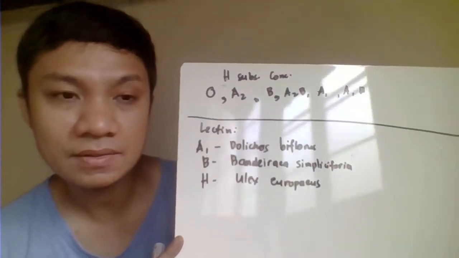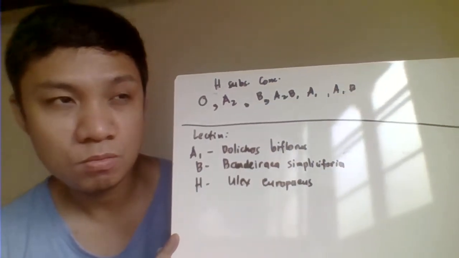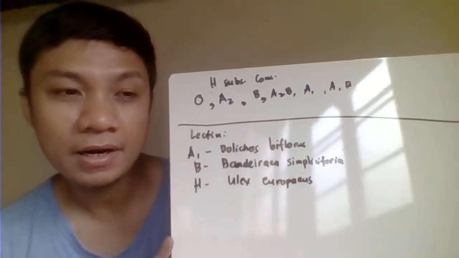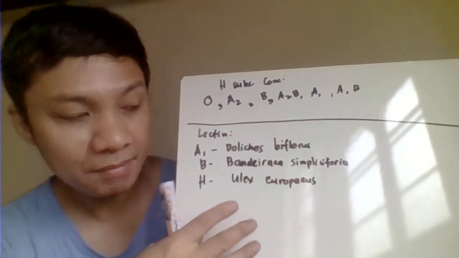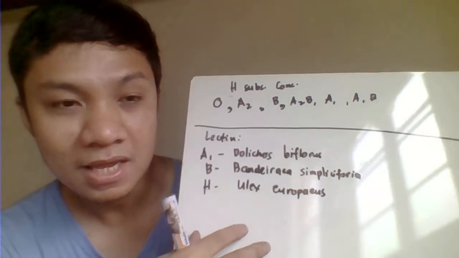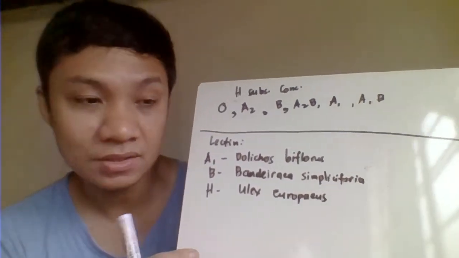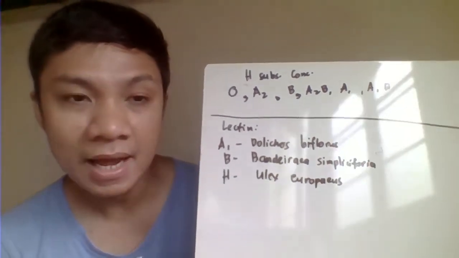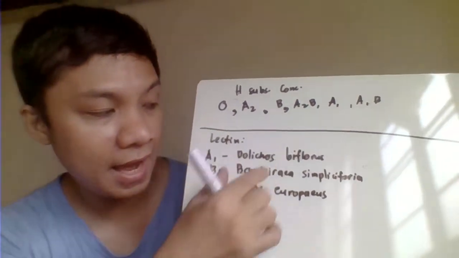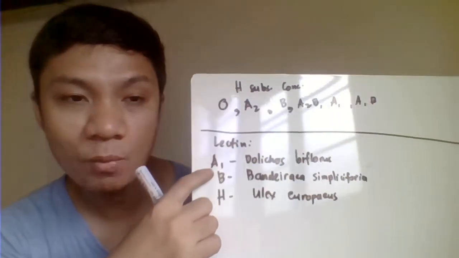Pag sinabing lectins, these are your plant extract that would eventually try to react with your carbohydrates. So, ginagamit natin itong mga anti-sera. Okay, so parang antibody ito para mag-detect ng ating antigen. So, para ma-detect ang ating A1, pag nag-add ka ng Dolichos biflorus, pag nag-positive, meaning to say ang patient natin may A1 na antigen.